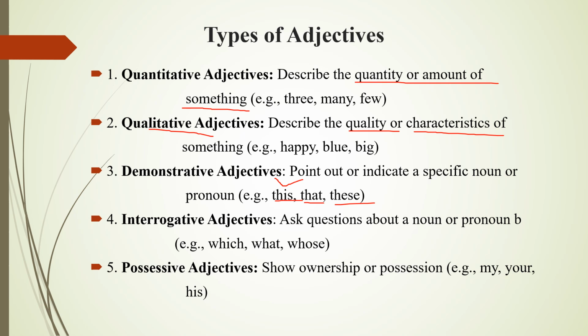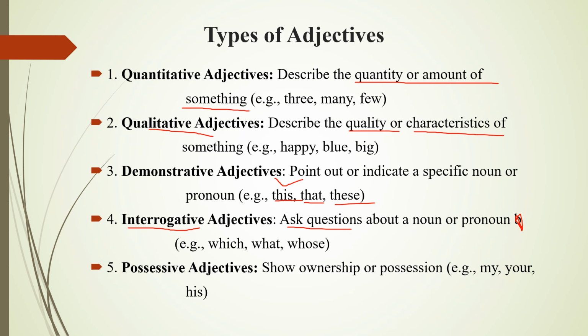Then interrogative adjectives. Interrogative adjectives, as the name itself shows, interrogative. So they ask questions about a noun or a pronoun. For example, which, what, whose, etc. Then we have possessive adjectives.